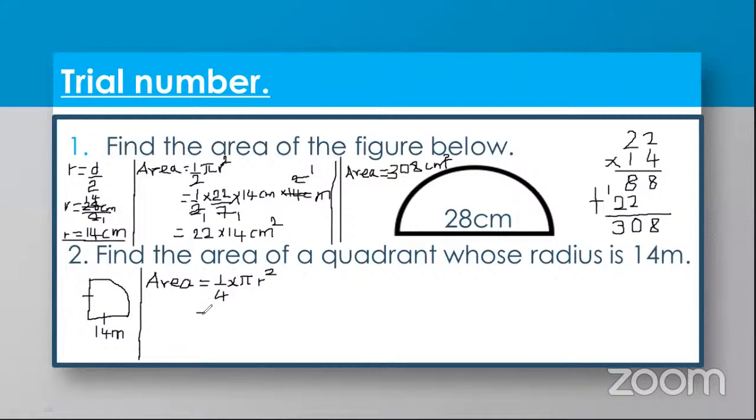Area equals, now we substitute. A quarter times 22 over 7 times 14 meters times 14 meters.